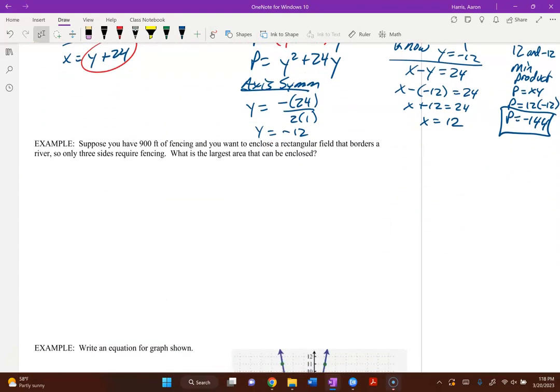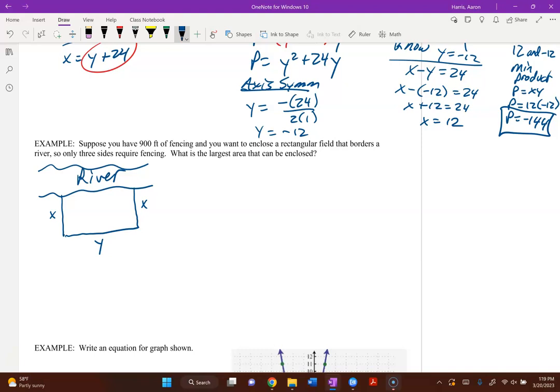Now this time we've got this river. Here's our river, and you've got 900 feet of fencing. You're wanting to enclose this rectangular field, and you're trying to maximize that area. So I'm going to call this X, X, and Y. I want to maximize the area, but I only have 900 feet for the perimeter of fencing, right?